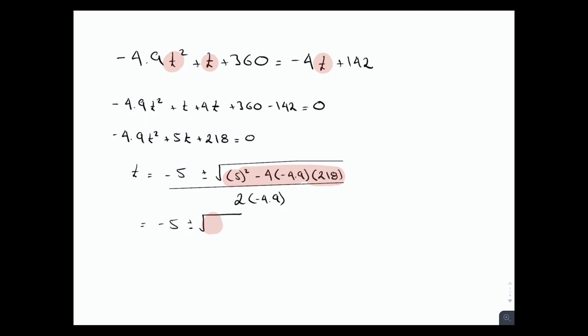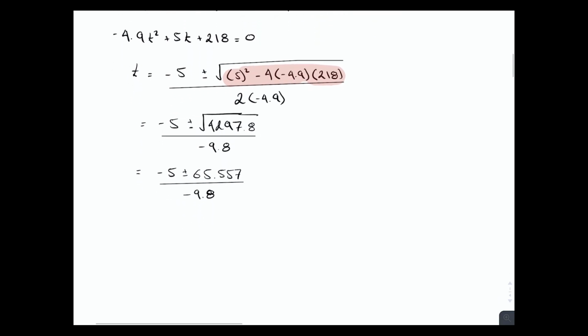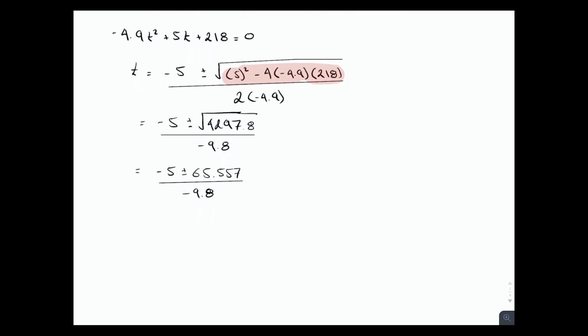So I get 4,297.8, all over negative 9.8. Now when I take the square root of that, I get plus or minus 65.557 over negative 9.8.